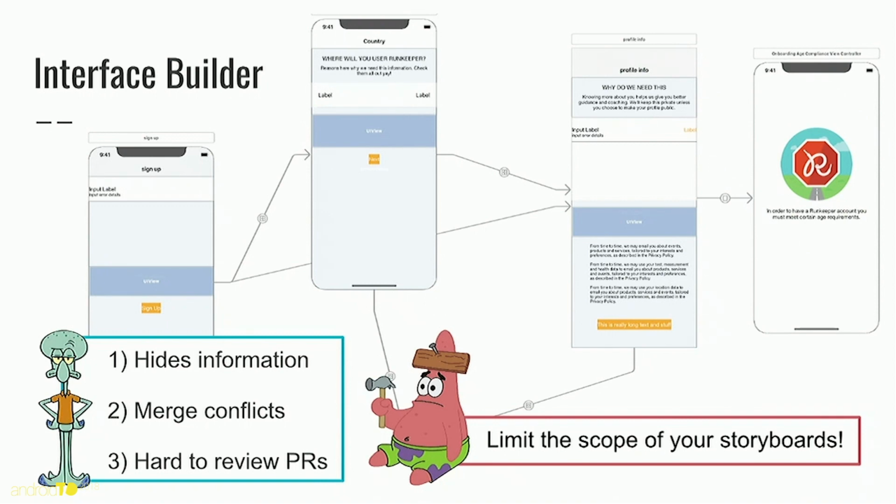But I'd say there are 3 major problems with creating your layouts this way. 1, the hiding of information. 2, merge conflicts. And 3, reviewing PRs. So the first problem with being very GUI oriented is that it can hide information.